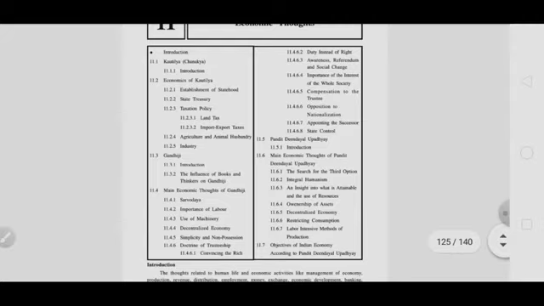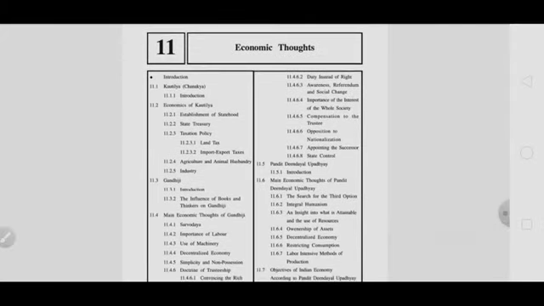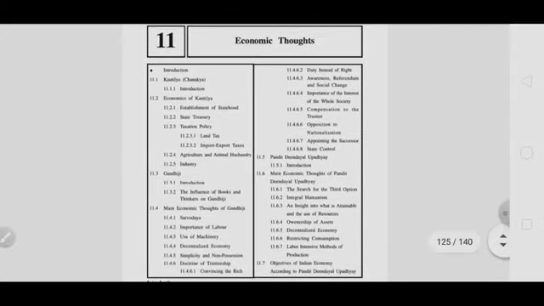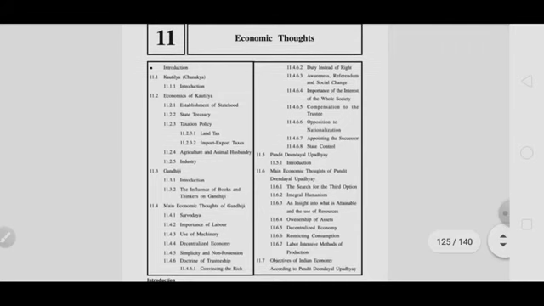The front page or cover page of your textbook is portrayed by three photographs of three different authors, that is Chanakya, Gandhiji and Pandit Dindayal Upadhyaya.